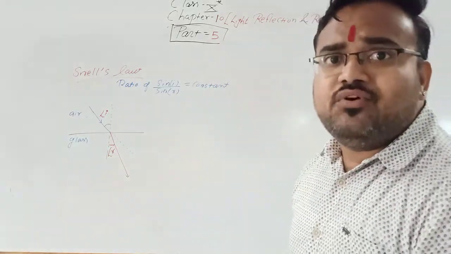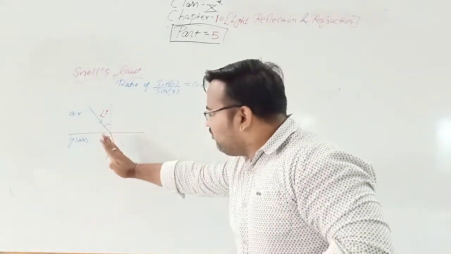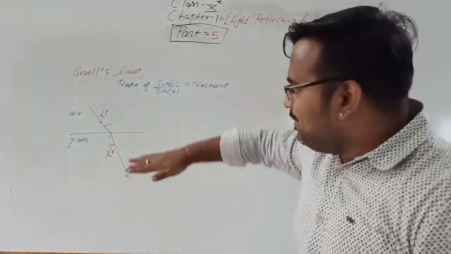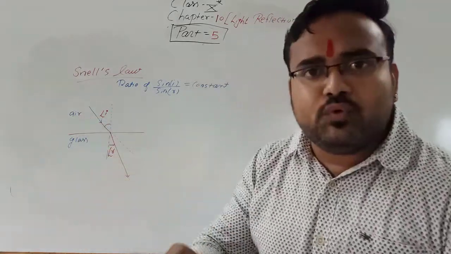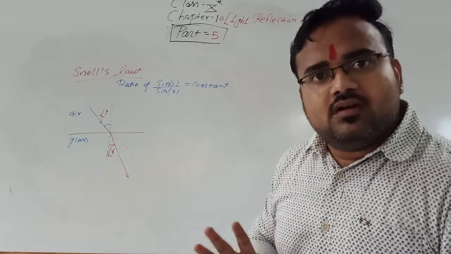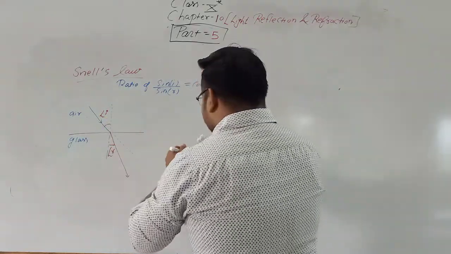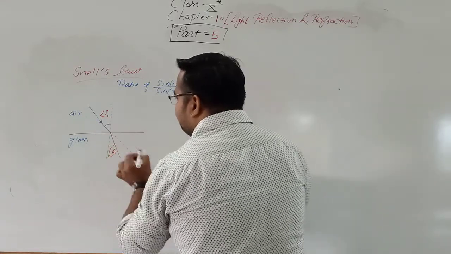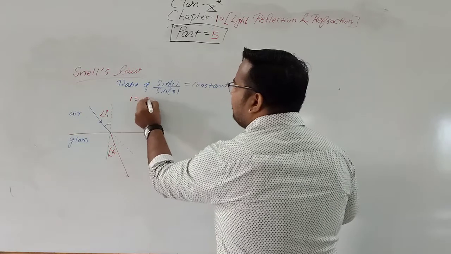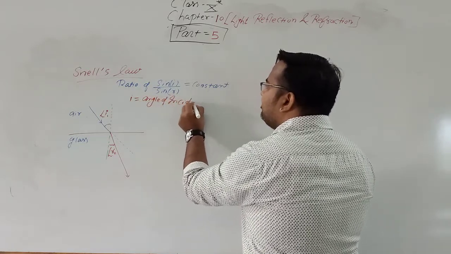If anyone asks you what is refraction, you can say the bending of light ray when it travels from one medium to another is known as refraction. Clear? Now, suppose this is i1 and this is r1. What is i? Angle of incidence.